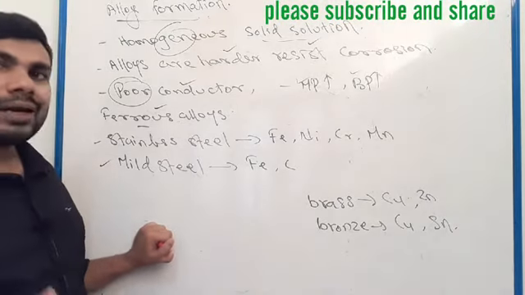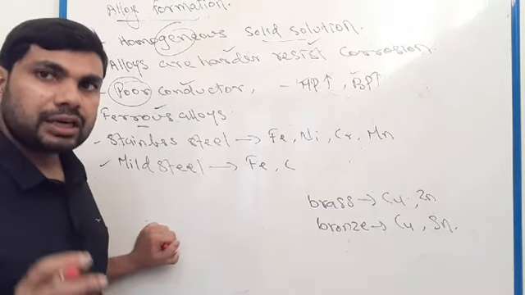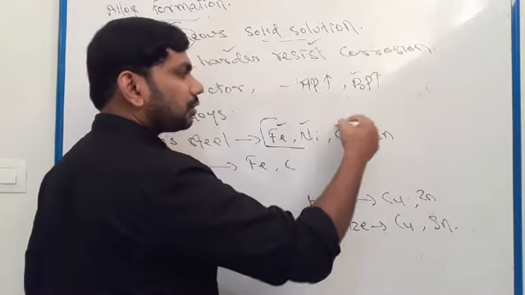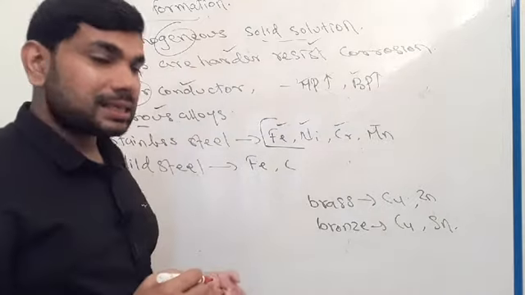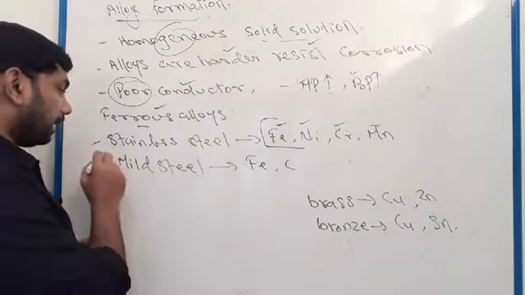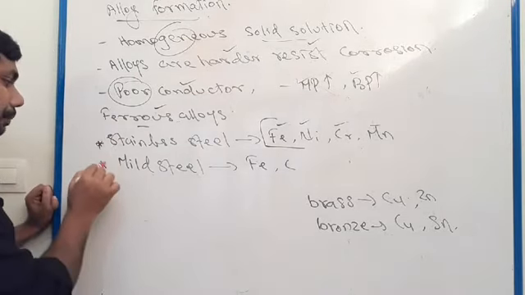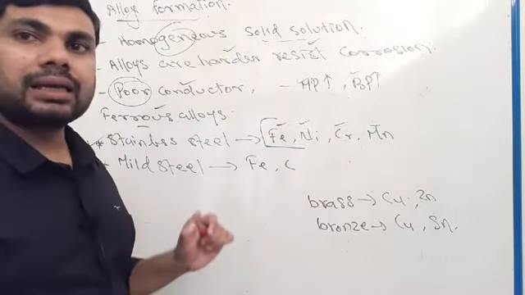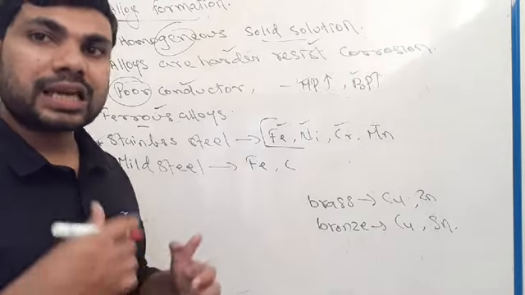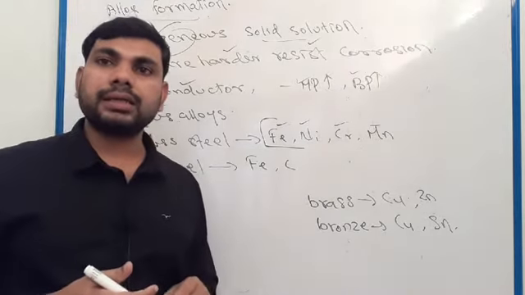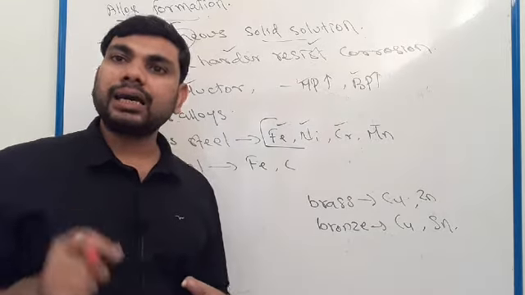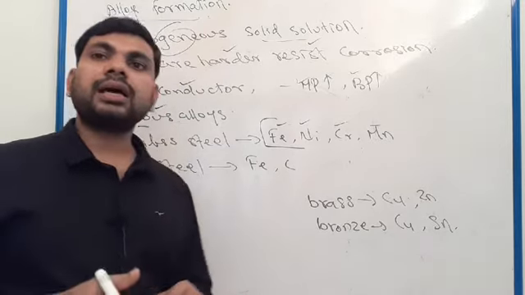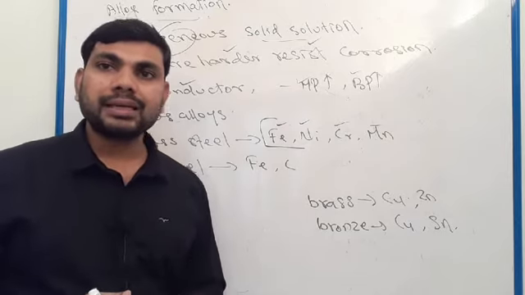Stainless steel contains iron, nickel, chromium, manganese, etc. Mild steel contains iron and carbon.